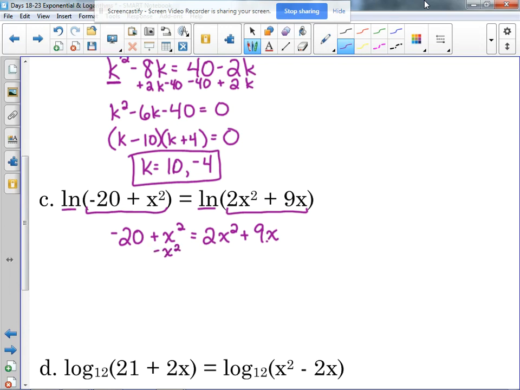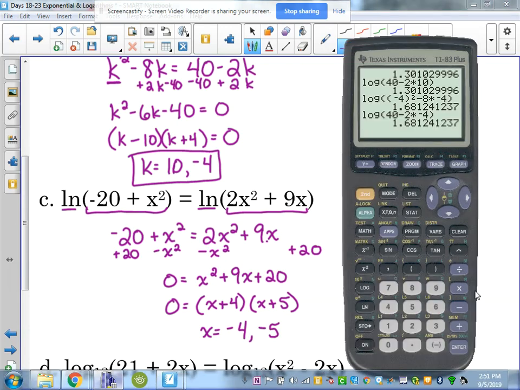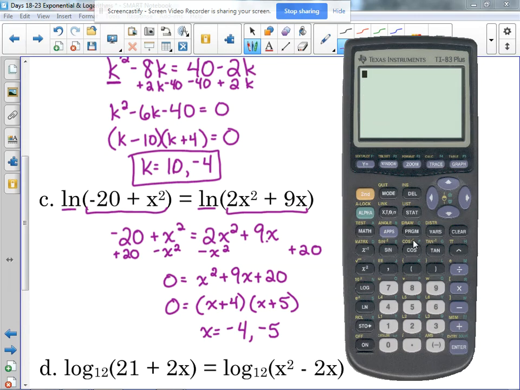This time I'm going to move it to the right side. 0 is equal to x squared plus 9x plus 20. 4 and 5. X plus 4, x plus 5. So x equals negative 4, negative 5. Definitely want to check them, particularly when they're negative.